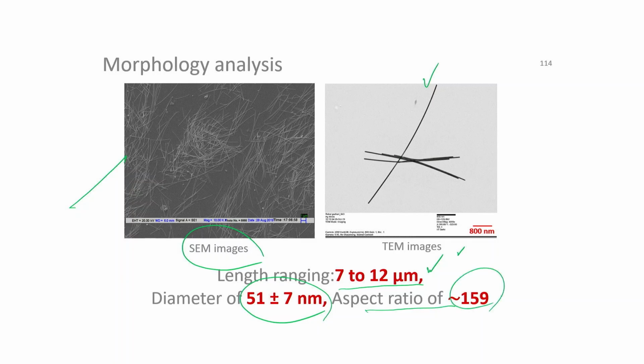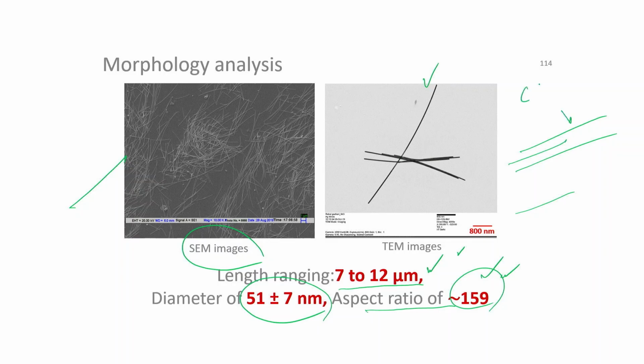On average, we have got an aspect ratio of 159, and this result shows that we could successfully develop the nanorod with an aspect ratio of around 160.